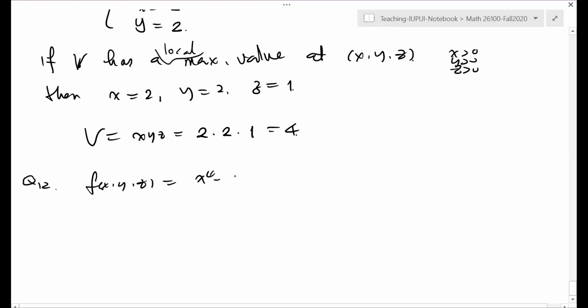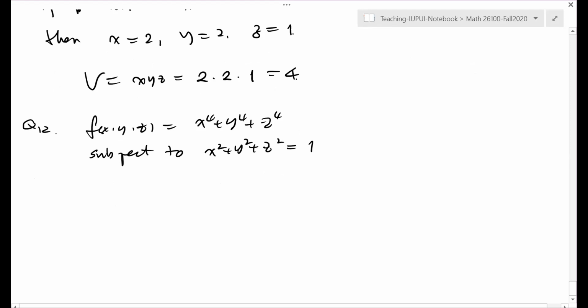Okay. X to the fourth plus y to the fourth plus z to the fourth, and then subject to x squared plus y squared plus z squared equals 1. So this is a positive function on the sphere, okay?